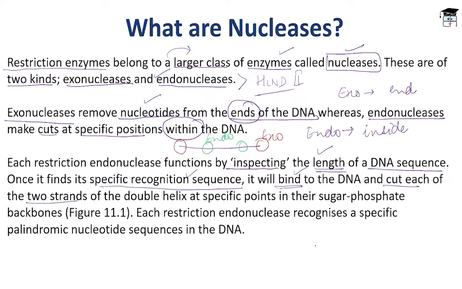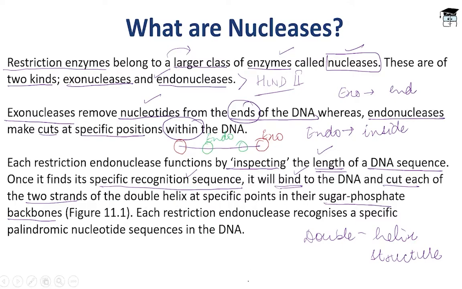We know that the DNA has two strands. It is a double helix structure, right? So it will cut both of the two strands of the double helix at specific points in their sugar phosphate backbones. We know that DNA consists of nucleotides and sugar phosphates.